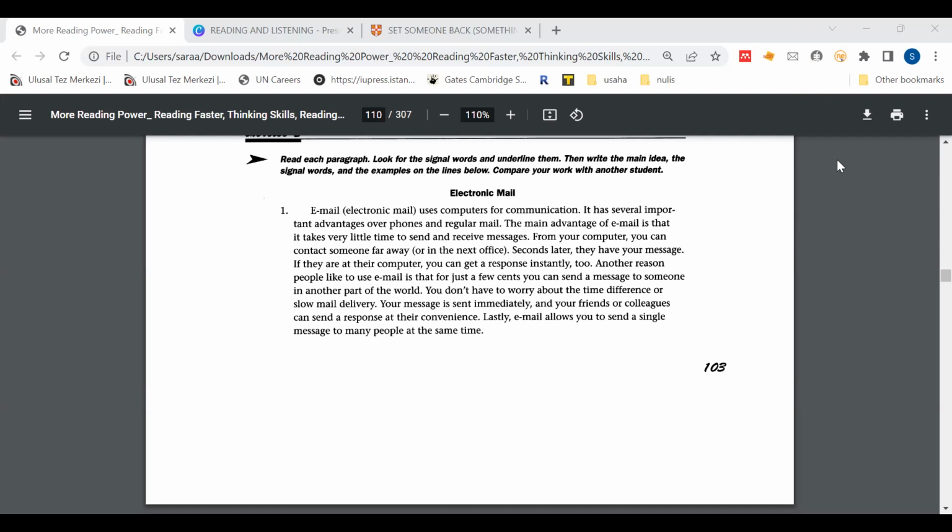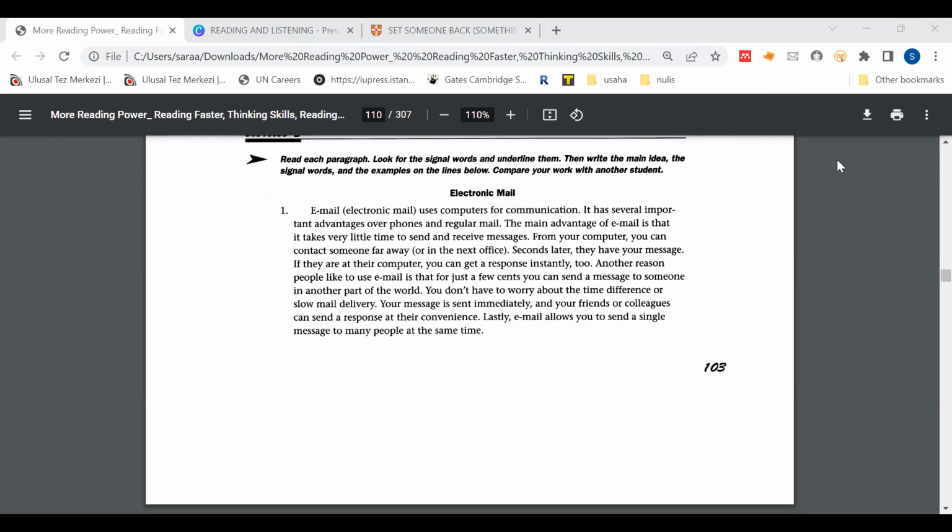Email, electronic mail, uses computer for communication. It has several important advantages over phones and regular mail. The main advantage of email is that it takes very little time to send and receive messages from your computer.